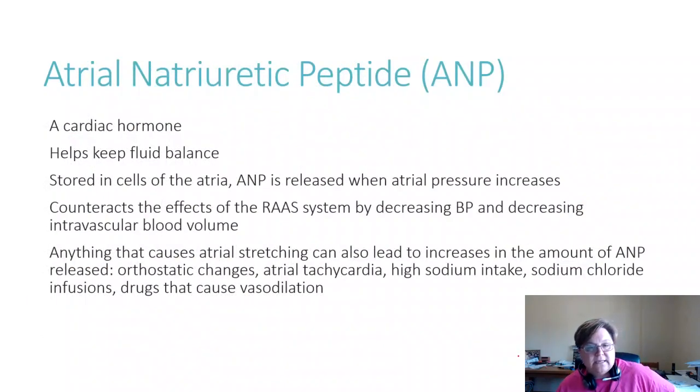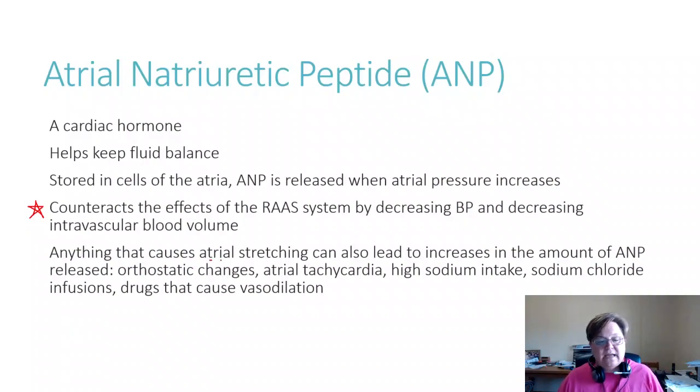Atrial natriuretic peptide, or ANP, is also another role that influences fluid and electrolyte balance. This is a cardiac hormone, and it's stored in the cells of the atria of the heart, and it's released when the atrial pressure increases. The ANP actually counteracts the effects of the RAS system by decreasing blood pressure and decreasing intravascular blood volume.